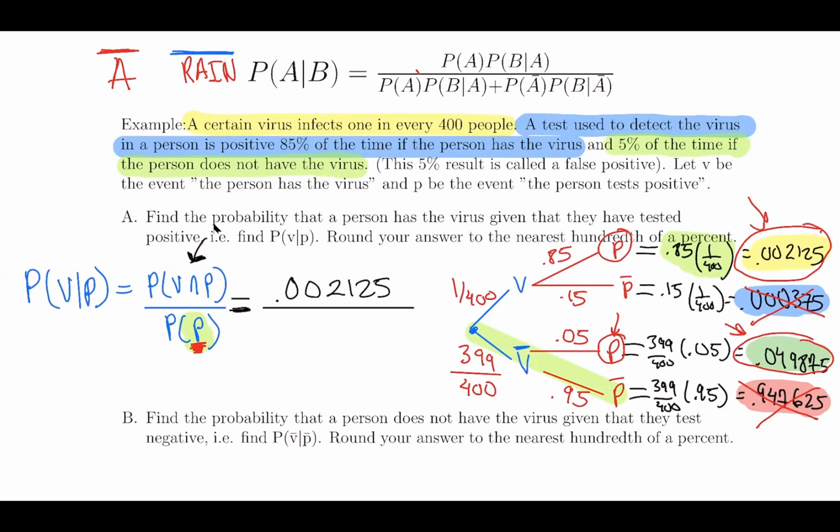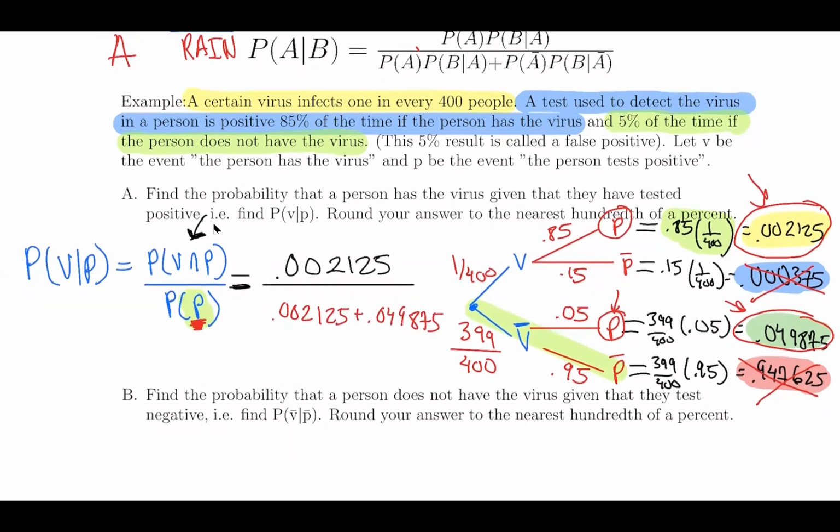So I'm going to take the yellow probability and add it to the green probability. So we're going to say 0.002125 added to 0.049875.